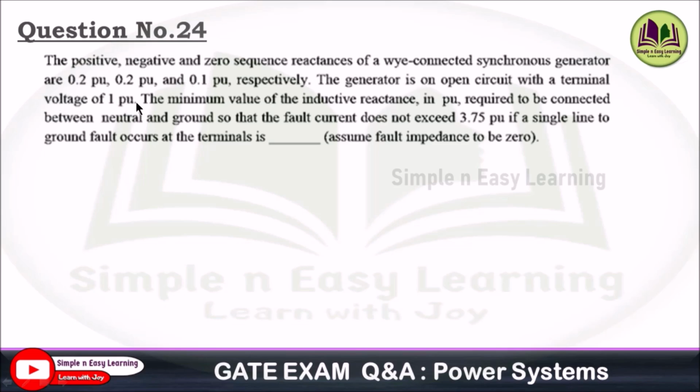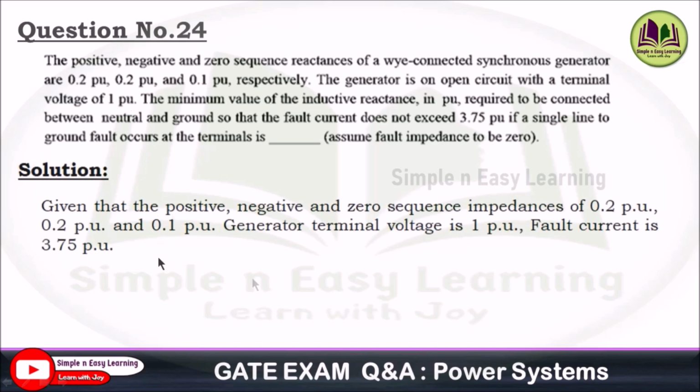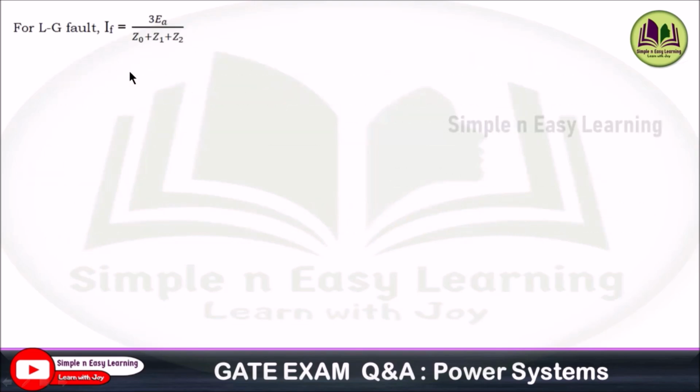Open circuit voltage is specified. We need to find the reactance which is connected between neutral and ground. Solution. So these are the given data, and the fault current is also specified as 3.75 per unit. So for LG fault, again single line to ground fault, the expression is IF equals 3EA divided by Z0 plus Z1 plus Z2.